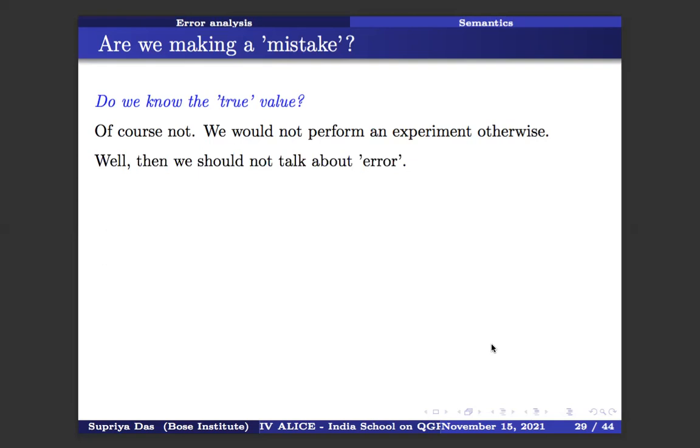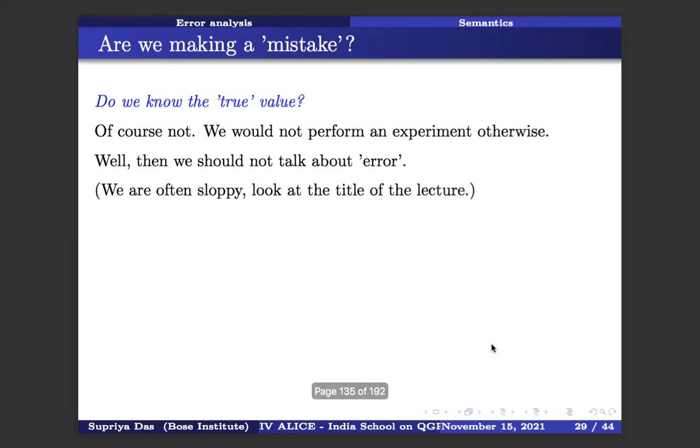Well, then we should not talk about the error, right? If you go back to the last transparency, we defined error as the distance between the true value and the measured value. So if we do not know the true value, then we do not know the error by definition, right? We should not talk about an error, right? Well, we are often sloppy.